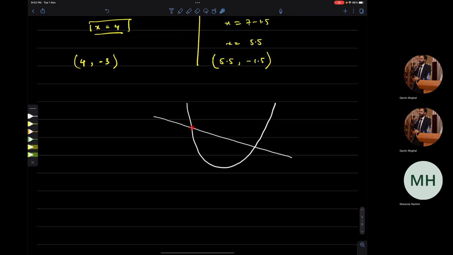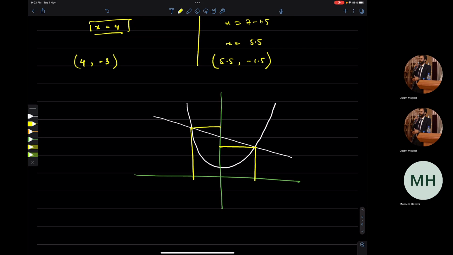Now you see that there are two intersection points. So let me just draw the x-axis and the y-axis. Now one of the solutions is one value of x, and for this value of x we've got one value of y, and for another value of x we've got another value of y from the second intersection.